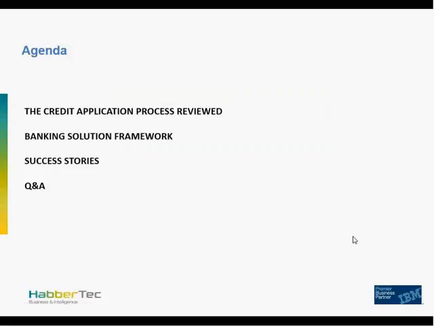All right, so our agenda, we have three big topics. The first one is to check which are the most important opportunities we see by using BPM on a credit process.